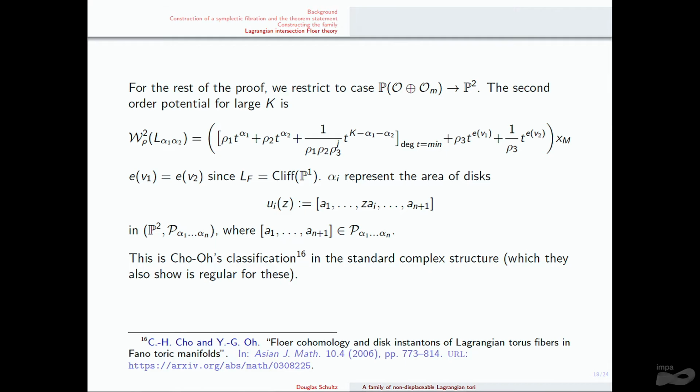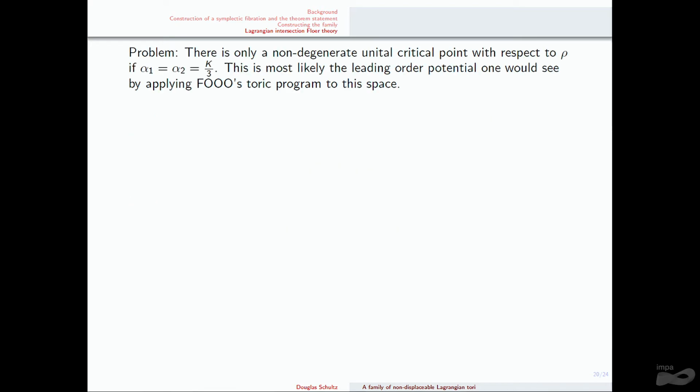And I'm not doing the computation. This is most likely the low order potential that you might see if you applied the FOOO program by viewing the space as a toric manifold.